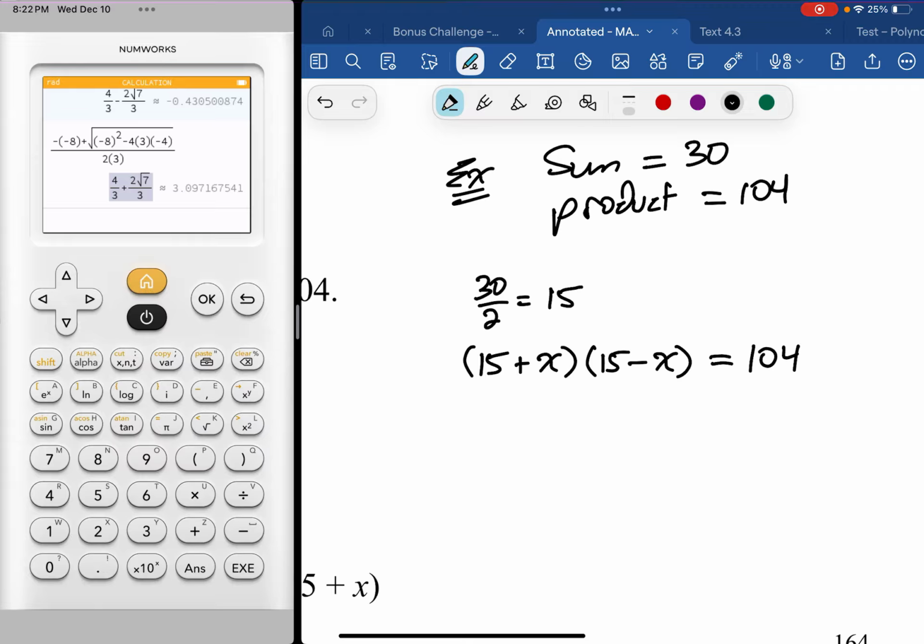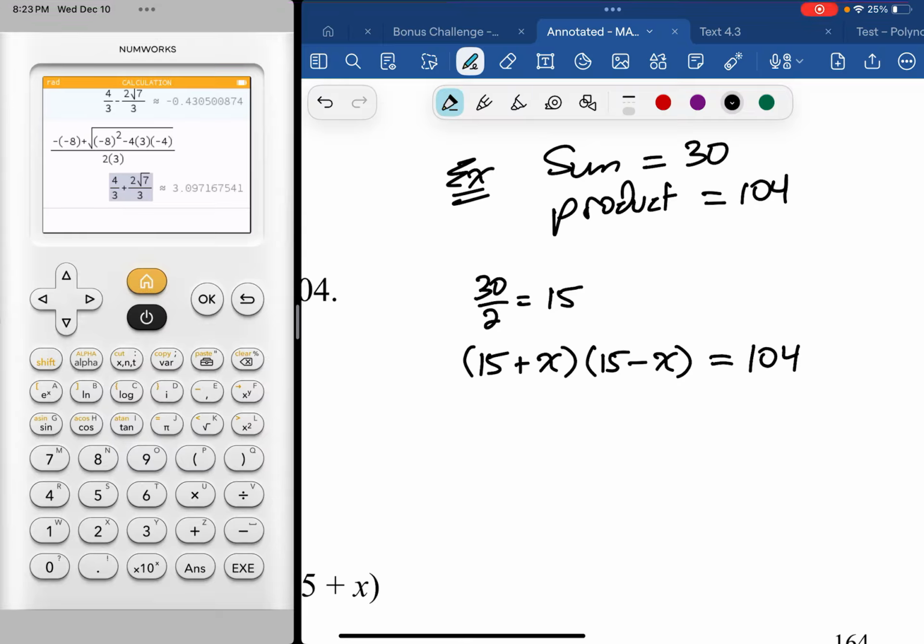The rationale behind this is that if the two numbers need to add to 30, 15 and 15 would add to 30, but wouldn't multiply to 104. So it's got to be some value less than 15 and some value more than 15 that when multiplied together get us to 104.